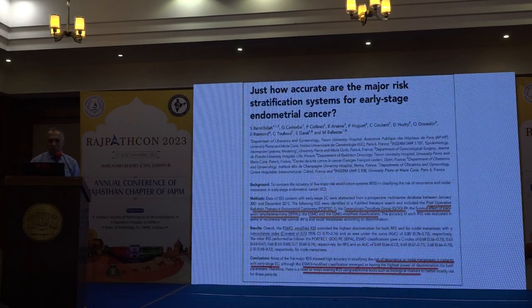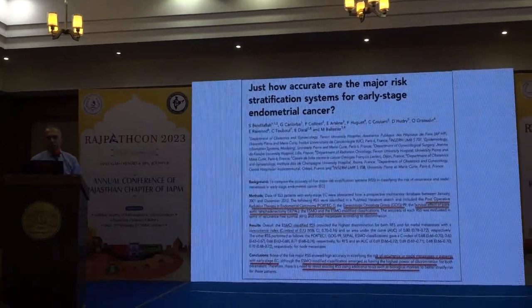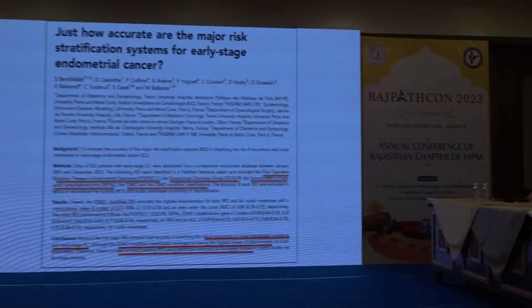There was an article, 'How accurate are these major risk stratification systems for early stage endometrial cancer?' This study evaluated all these modules and found at that time that the ESMO modified classifier emerged with the highest predictive or discriminatory power of risk prediction.